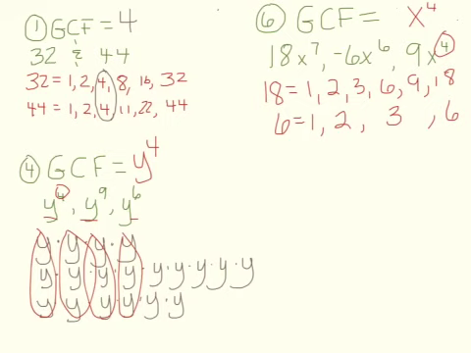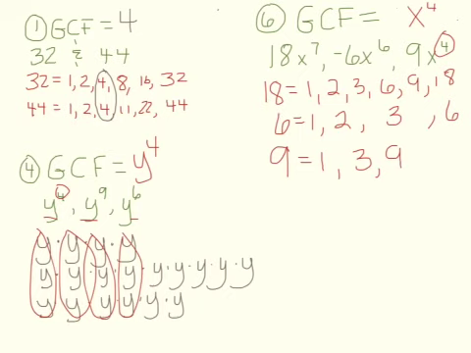And notice I didn't pay attention to the negative here, because if all three of them had a negative, then they would also have a negative in common. But since 2 of these numbers are positive and 1 is negative, they don't share a negative. So we're just going to be concerned about the positive numbers that they share. Then the factors of 9 are 1 times 9 and 3 times 3.